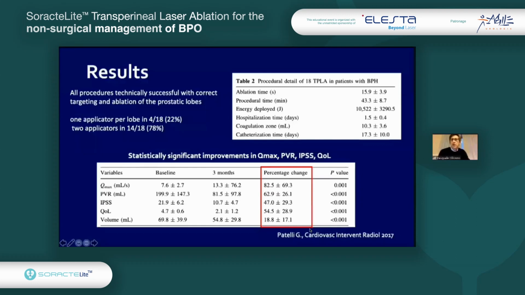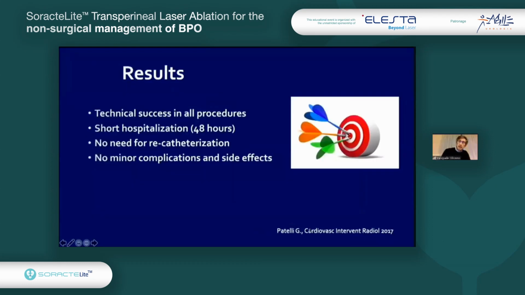And you can see on the right, in table 2, the details of the procedure, but the most important things were the significant improvements we have at 3 months, with important percent change in the Qmax, 80%, and in the post-void residual, 60%, in the IPSS, 47%, quality of life, 50%, and the reduction of the volume of 18%, all statistically significant.